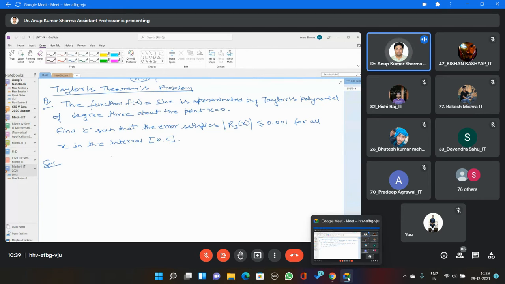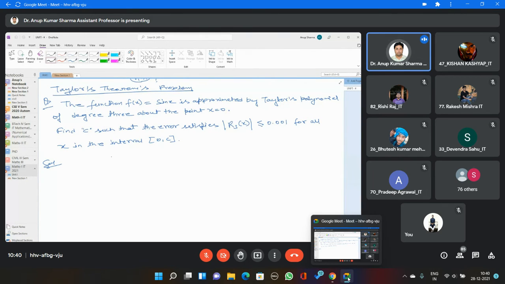R3 contains the 4 degree x, because this error is encountered when we are taking the 3 degree polynomial. So that R3 contains x to the power 4 upon factorial 4. Okay, I will write that one.